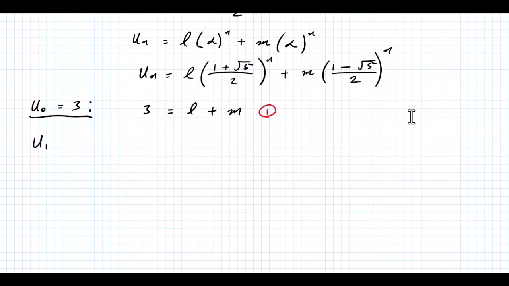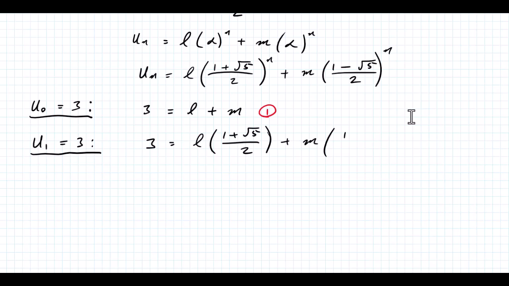So we've got u1 is also equal to 3. So 3 is going to be equal to L times (1 plus root 5)/2 to the power of 1 plus m times (1 minus root 5)/2 to the power of 1 as well, and this is our second equation here.